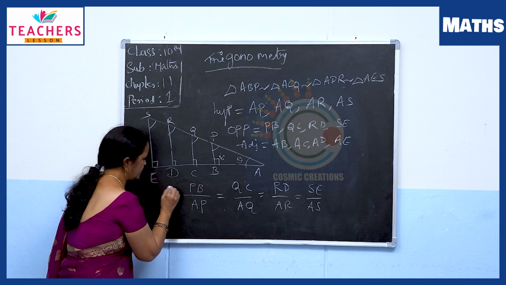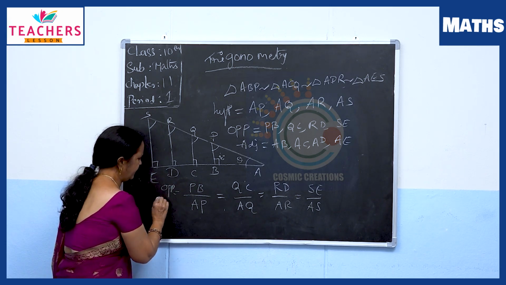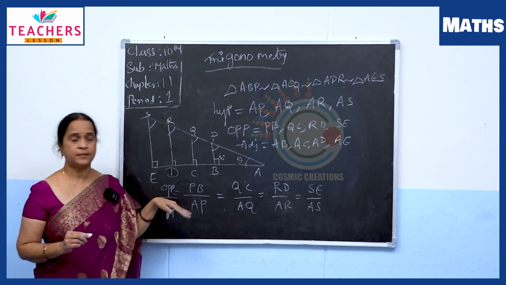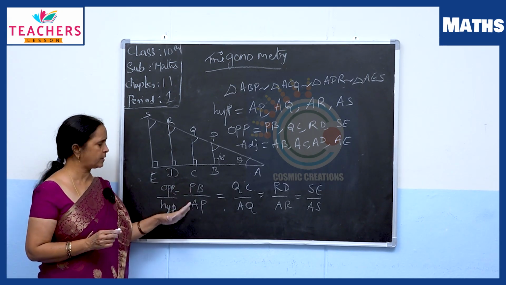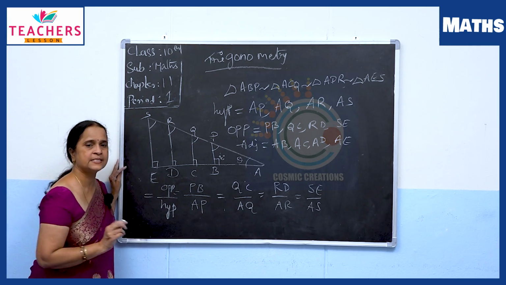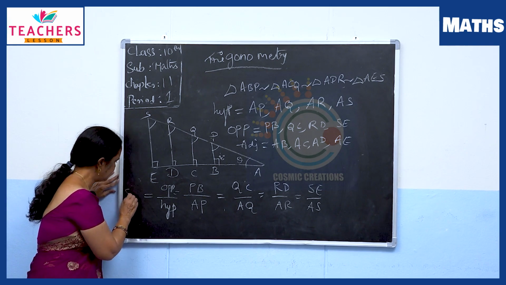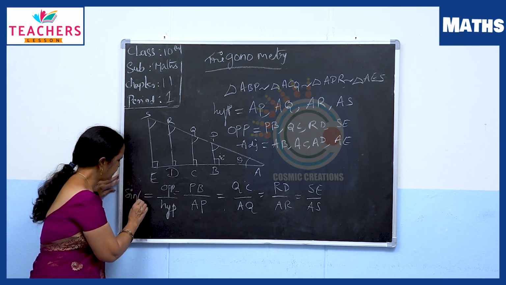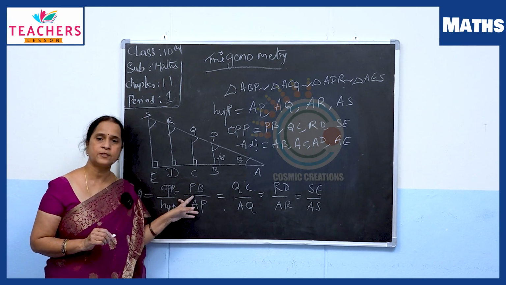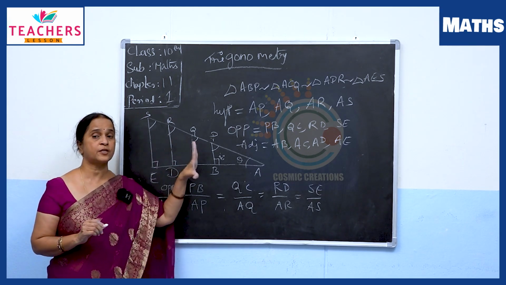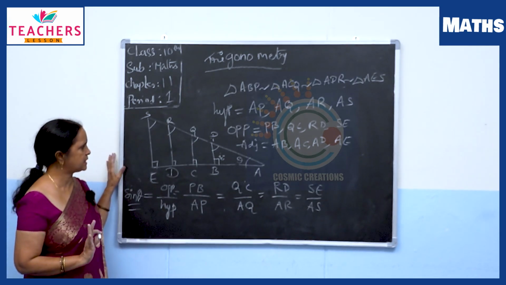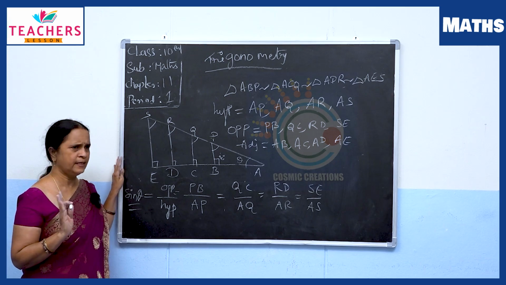These all are opposite sides and hypotenuse. We can say this proportion, but the ratio of opposite and hypotenuse is named as sine of theta. What is sine theta? Opposite by hypotenuse, in right angle triangle only, not for all triangles.